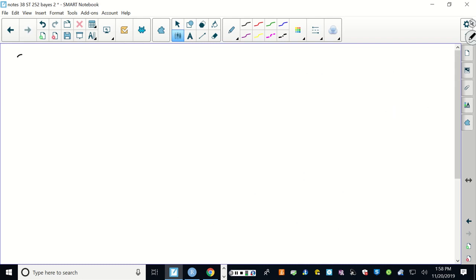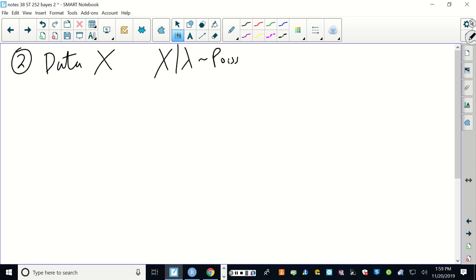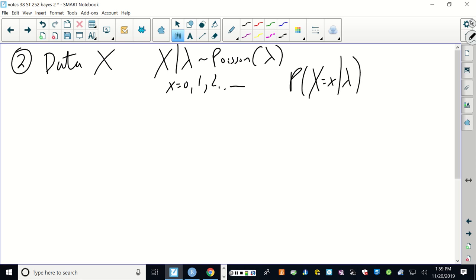So the second kind of main one we're going to look at is our data are going to be Poisson. So X given lambda is going to follow a Poisson distribution. So X can be 0, 1, 2, etc. And the probability that X equals some count given lambda is lambda to the X e to the negative lambda over X factorial.